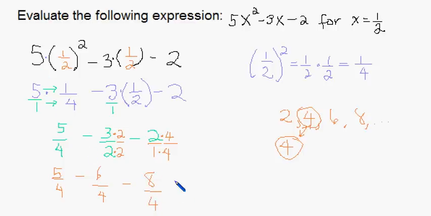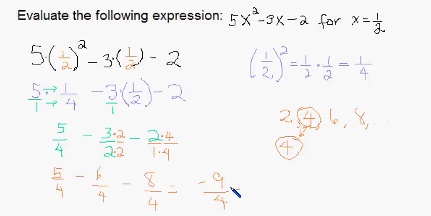Now what we want to do is combine all the numbers, because when you are adding or subtracting fractions, you subtract numerators but keep the same denominator. So we have 5 minus 6, that's a negative 1, minus 8 is a negative 9, and that's negative 9 over 4. So this is our final answer.